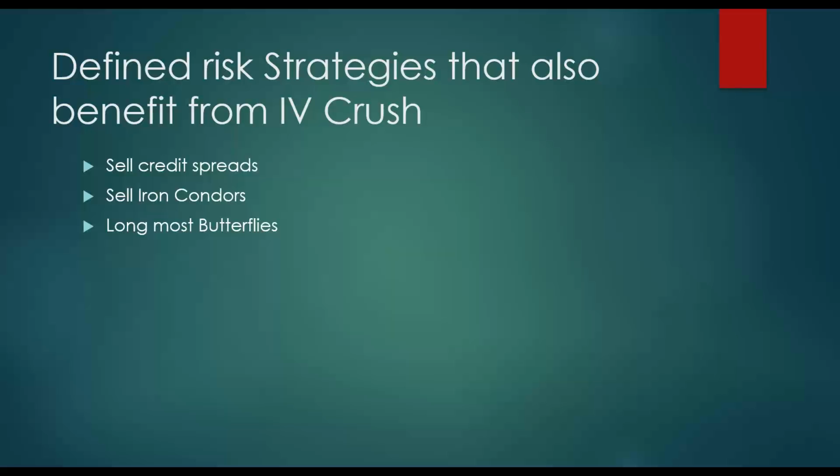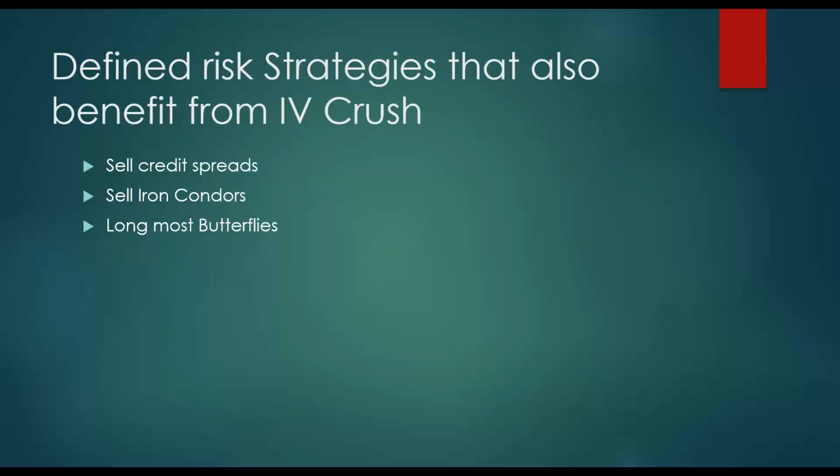In a defined risk strategy, your risk is limited to X amount of dollars going in. What's the worst case scenario? If this turns out to be a losing trade, what's the absolute worst I can lose?